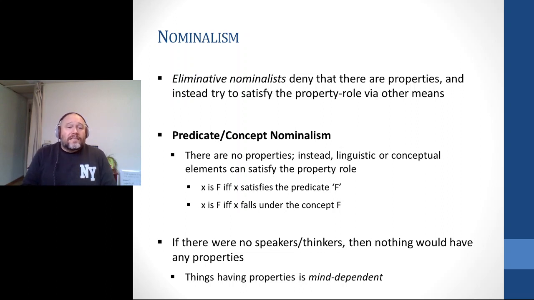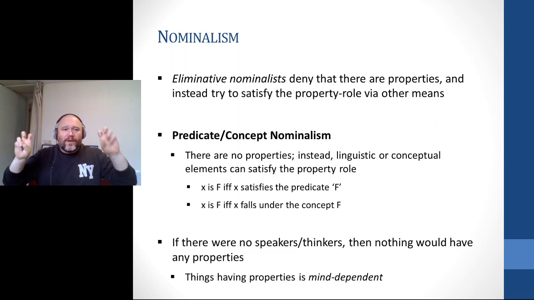And we're going to instead say that what there is are linguistic or conceptual elements that basically play the kind of role that properties did. So the predicate nominalist says, look, all there is are predicates, just bits of language, and that's really all that plays the property role.